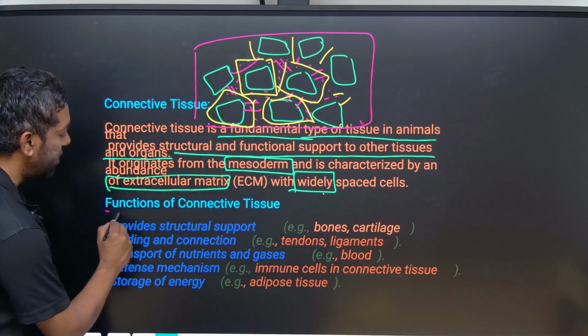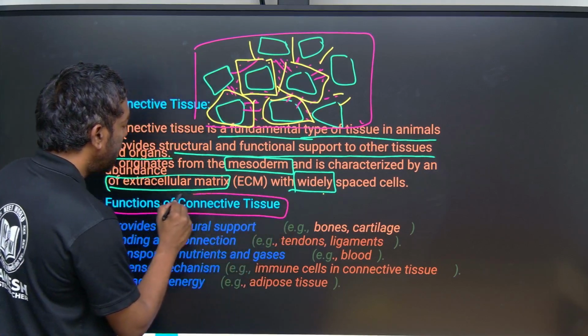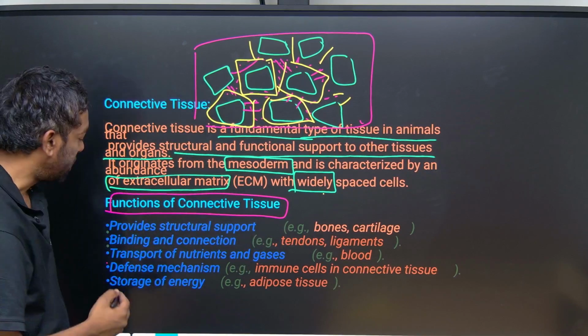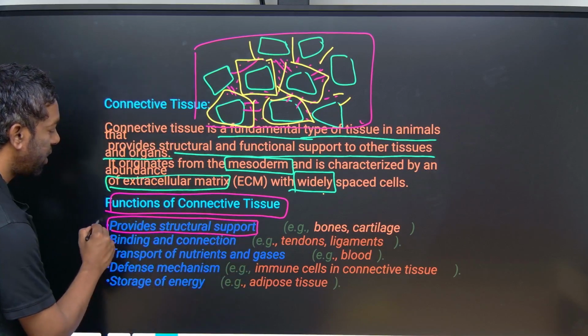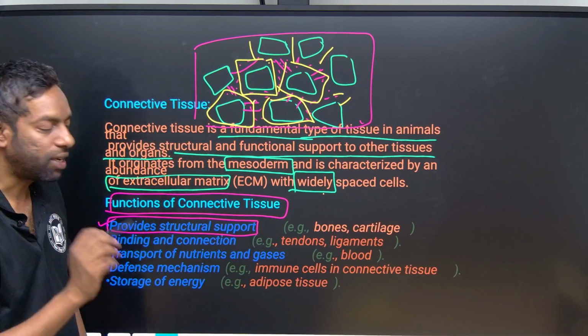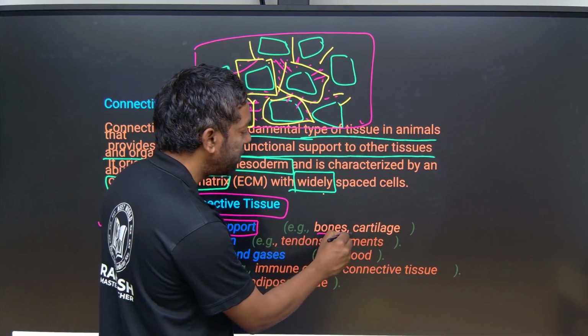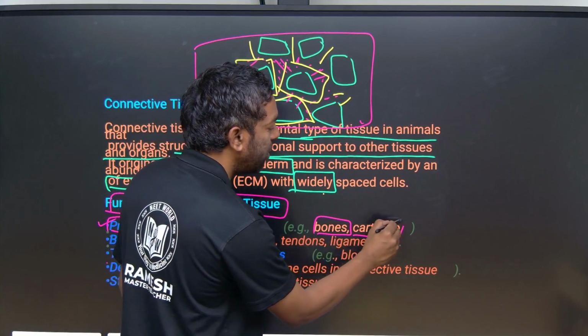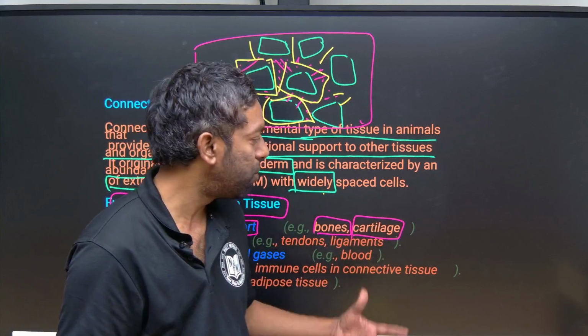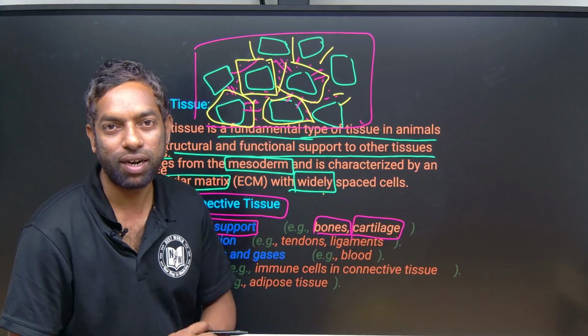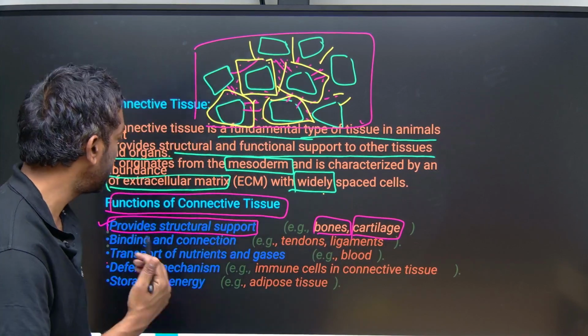The functions: connective tissue provides structural support. As you know, bones and cartilages give structural support. If there were no bones, there would be no structural support.